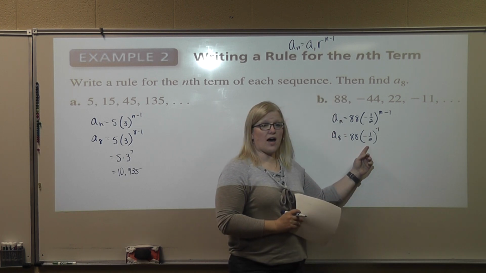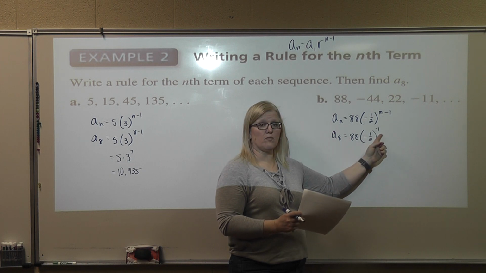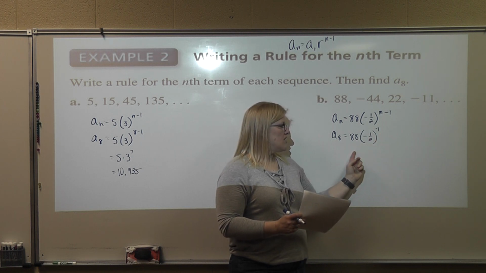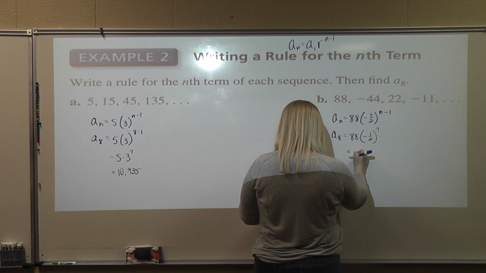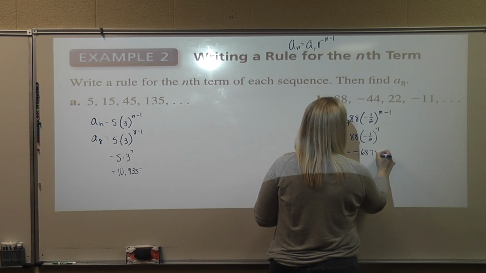So is this going to be positive or negative? If it's to the 7th power, it'll be negative. Okay, so when I put this in my calculator, I get negative 0.6875.